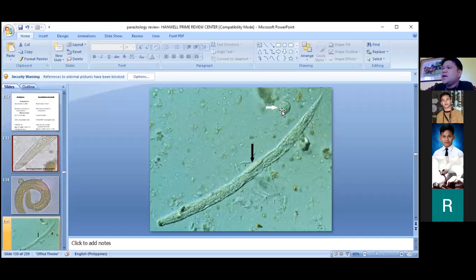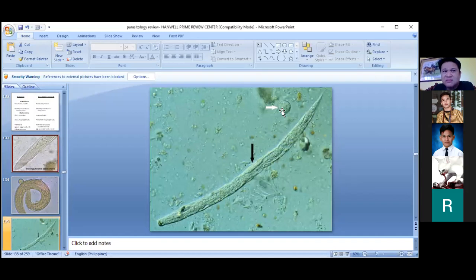Ang tanong is, if you see a larva stage in stool, can the diagnosis be Ascaris, Trichuris, or hookworm? If not, what can be the diagnosis? Inuulit ko yung question sa board exam. Ang tanong sa board exam, if you saw a larva stage in stool, can your diagnosis be Ascaris, hookworm, or Trichuris?